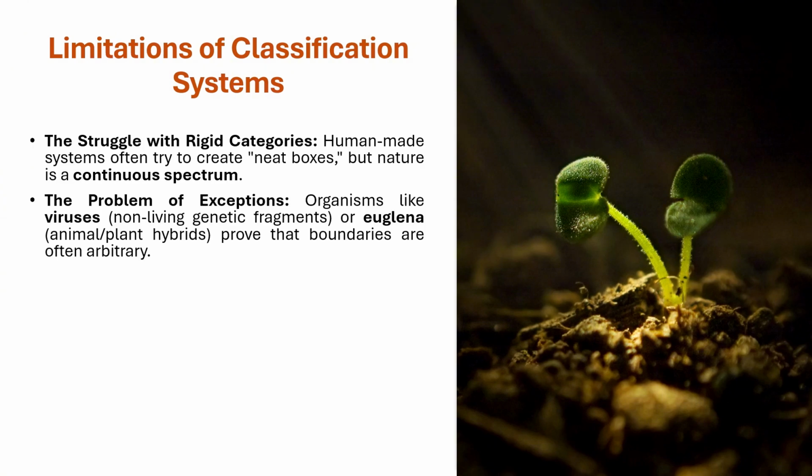As we have seen, there are always exceptions to the rule. For example, viruses are genetic fragments that act like living things but are not alive. Euglena acts like animals but feeds like plants.